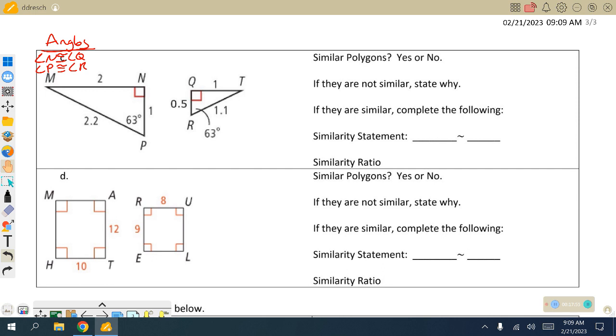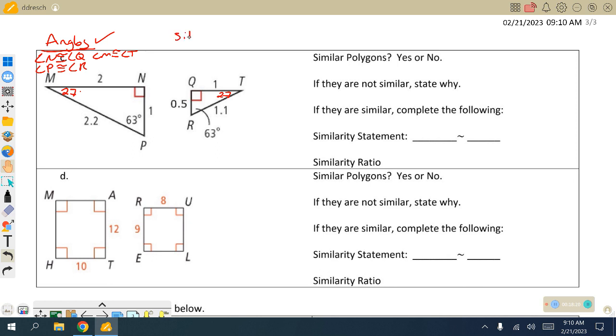Angle 27, right? It's 27 degrees there, right? And that's 27 degrees at the same time there, right? So M does go to T correctly. So far, so good on that, right? Angles check out. Now what about the sides?